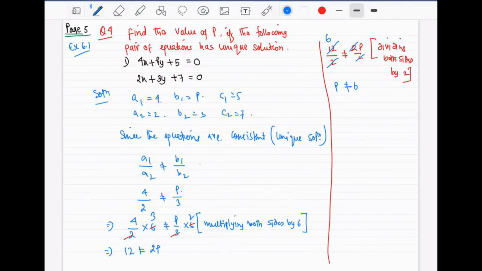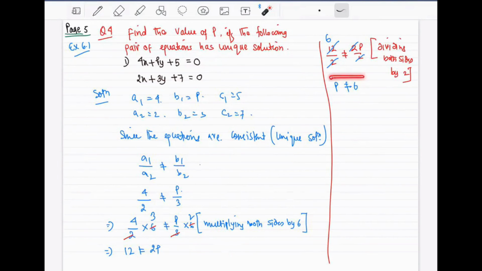Usually if we wanted the value of a variable, let's say the value of x or y, we are going to get a numerical value such as x is equal to 2, right? If we get x is equal to 2, then you might think it's okay. But what if you get x does not equal to 2? What this means is that x can be any value except 2.